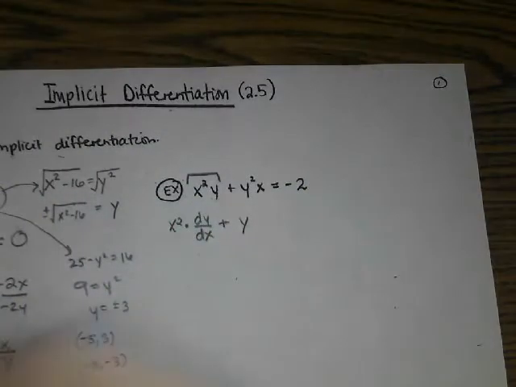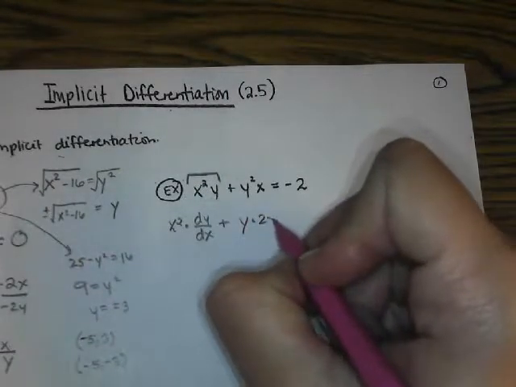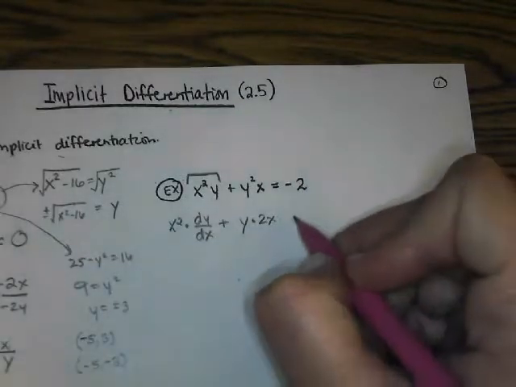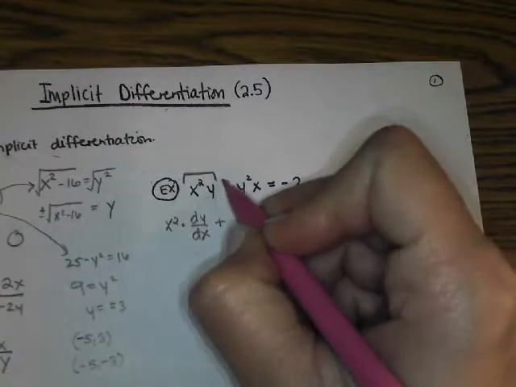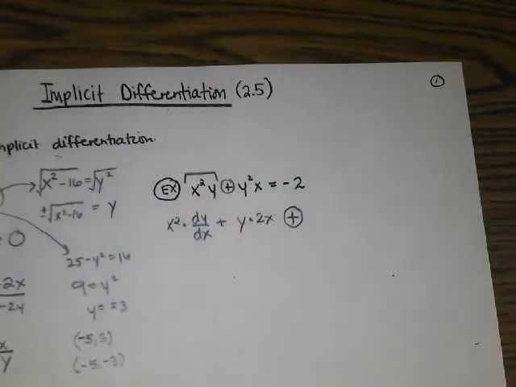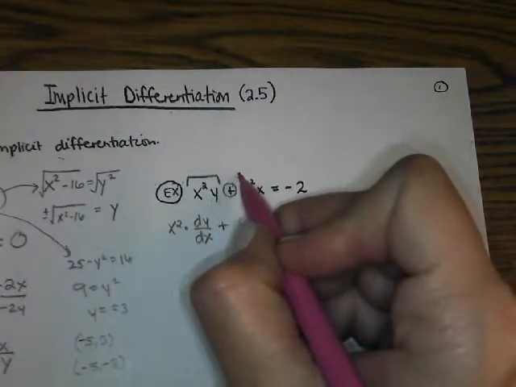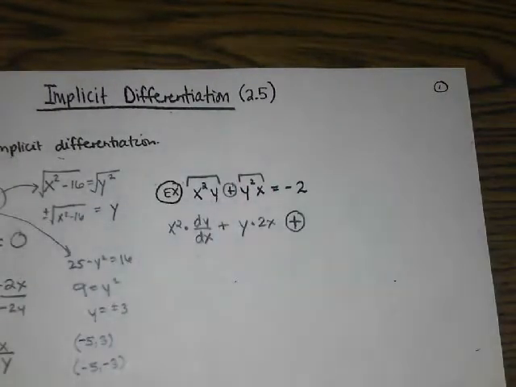So that's your first term's derivative by the product rule. Plus, and that's this big plus sign, just so we're organized. On the second term, we also need the product rule. We have the first times the derivative of the second.